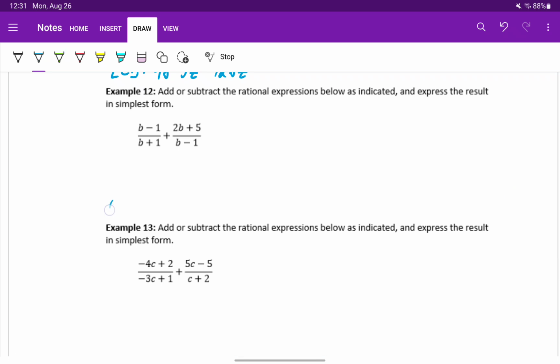In example 12, our least common denominator we'll get again by multiplying together the denominators of the two rational expressions that we have. We'll update by multiplying by what's missing in each denominator.